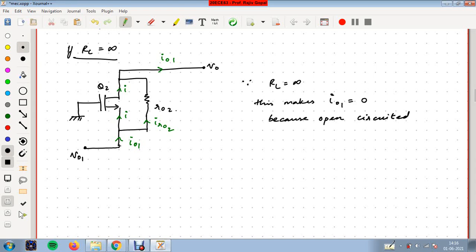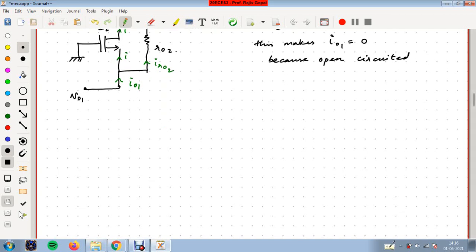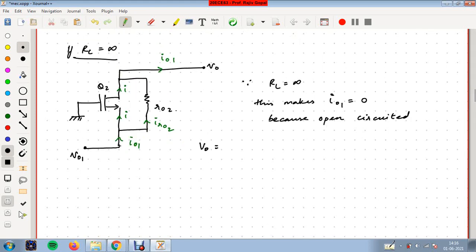With this, what will V0 be? V0 here is the voltage drop across R02 plus the voltage at V01. So V0 is some current into R02 plus V01.